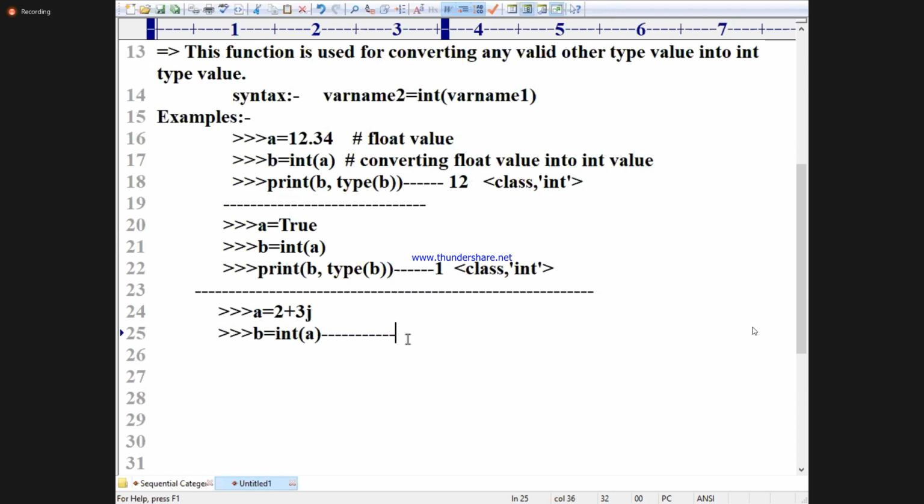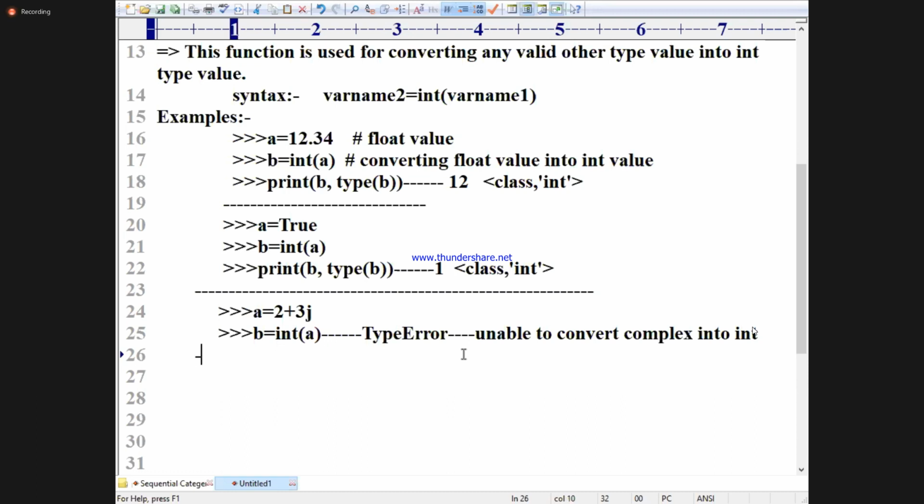No. So type error. Unable to convert complex into int. Need to write the exact mistake, the exact error that you will get.